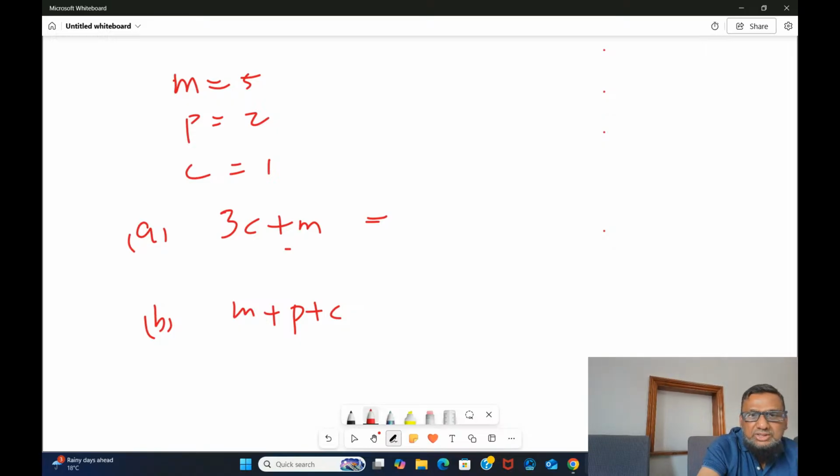Same as 3 times C. The value of C is given here, 1, and the value of M is given 5. So 3 times 1 is 3 plus 5, which is equal to 8.